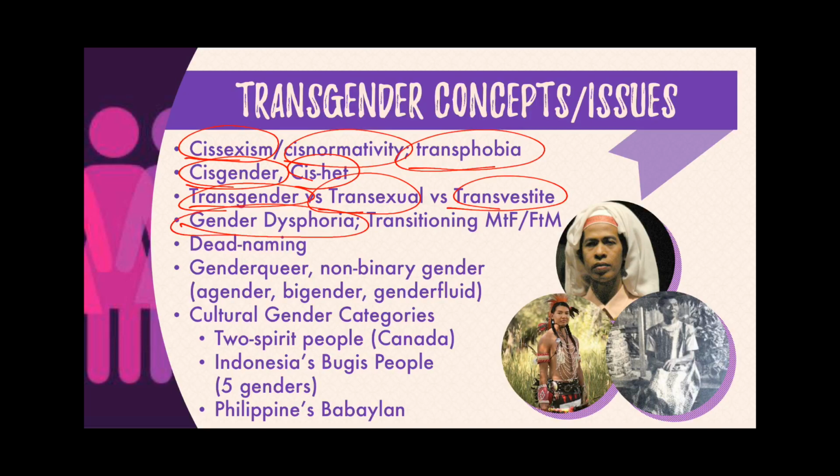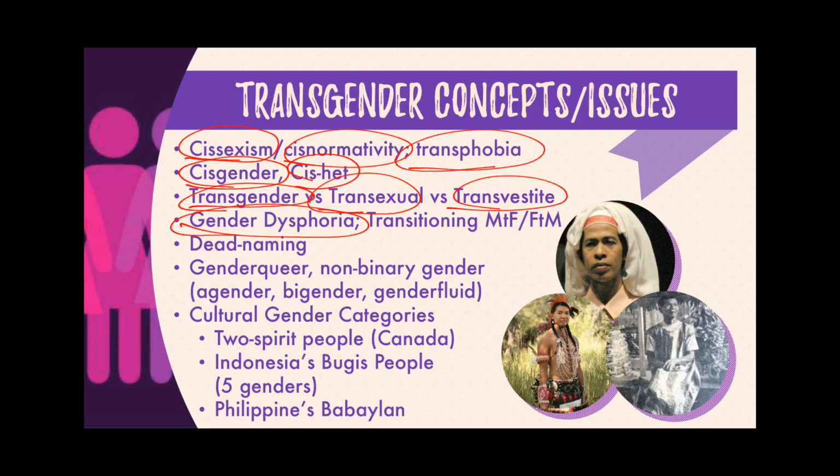Now, we also have the term called gender dysphoria. And gender dysphoria used to be a psychological illness that results from the stress that a certain person has when the person has a misalignment in terms of bodily sex characteristics and gender identity.